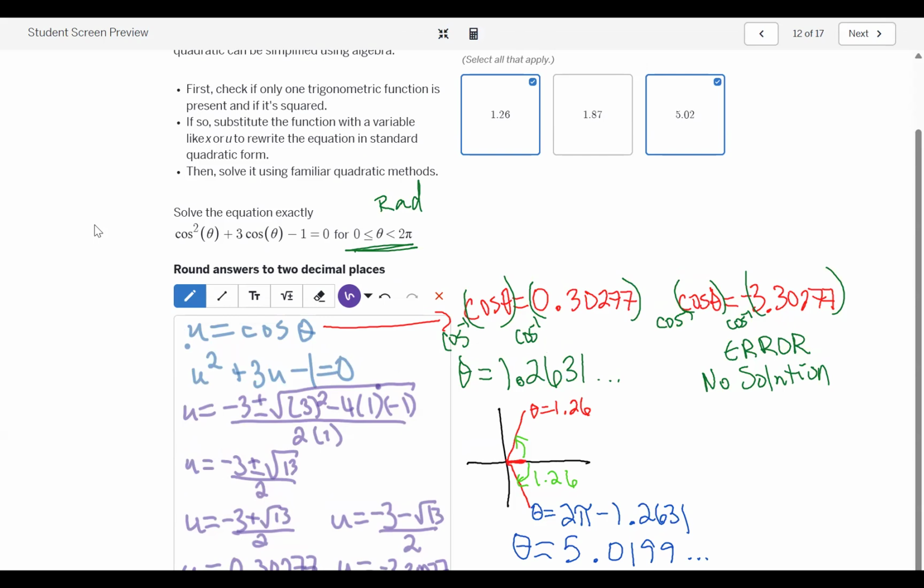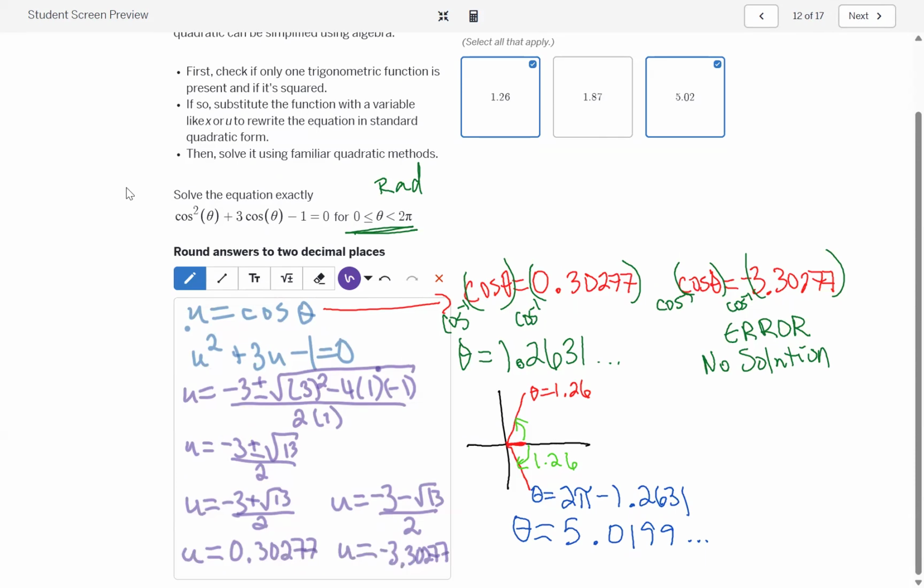Now, this is a little too ugly for the test, having to work with a weird decimal number and then having to figure out what the other decimal number would be. But there are just a few on the web work that will do this. On the test, though, we keep it on the unit circle, and we tend to keep it factorable, so you don't have to use the quadratic formula.